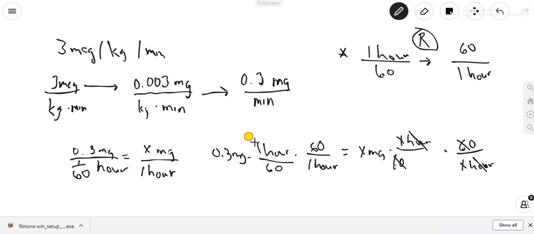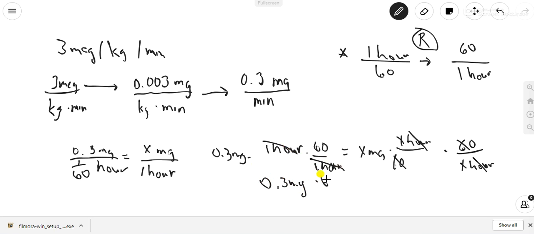And so this 1 hour and this 1 hour cancel out, and this 60, oh, I'm sorry, there shouldn't be a 60 up here. Let me get this straight. Okay, now it's correct. 0.3 times 1 hour times this reciprocal over here, 60 over 1 hour. And we cancel this part out. And we're left multiplying 0.3 milligrams times 60.